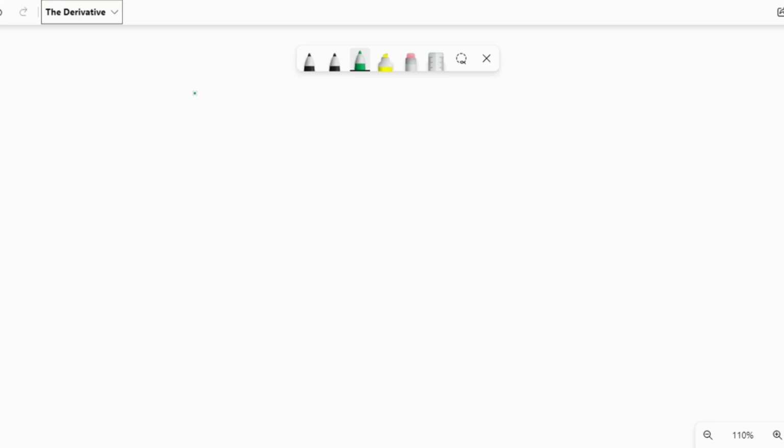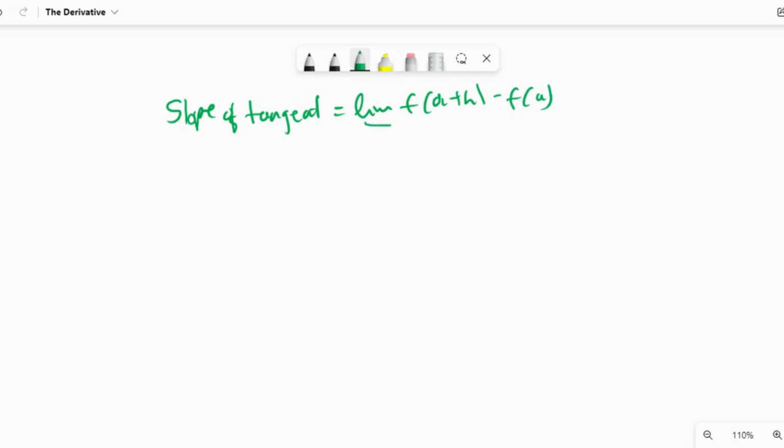We have seen that the slope of the tangent is equal to the limit of f of a plus h minus f of a over h. This is what we have seen. We call this one the first principles.